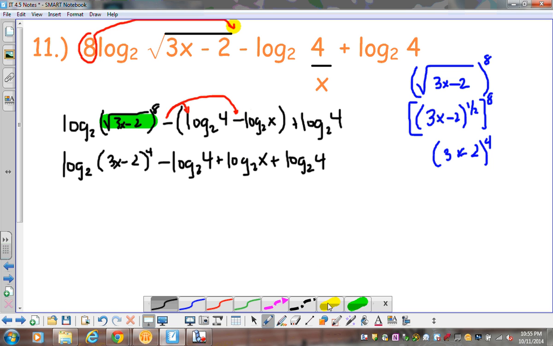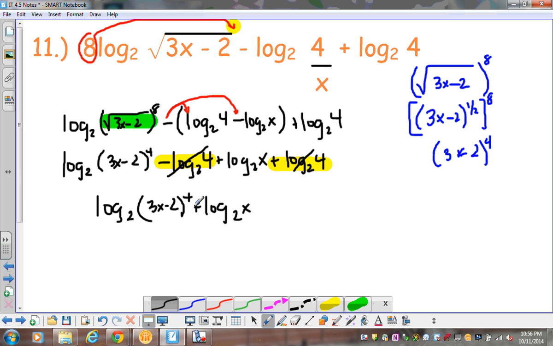And if you notice, I've got negative log base 2 of 4 and positive log base 2 of 4. So those are going to cancel each other out. So I'm left with log base 2 of 3x minus 2 to the 4th plus log base 2 of x.